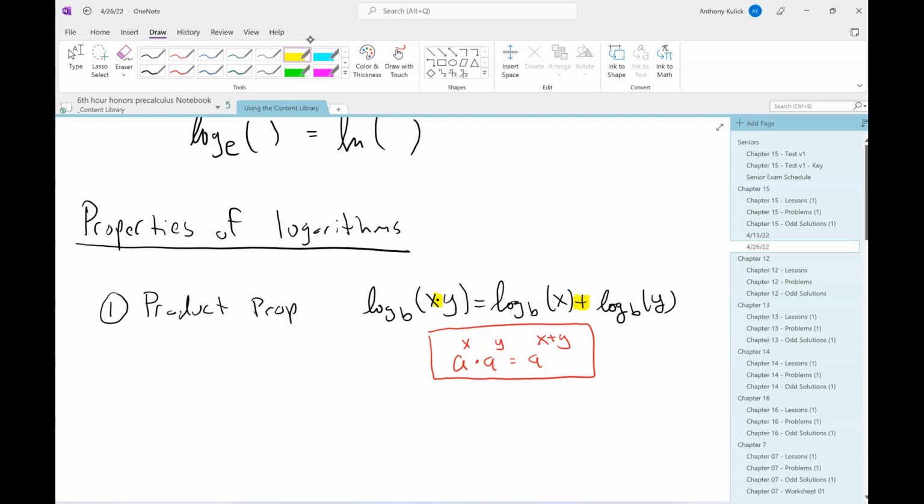So what we're seeing here would be multiplication outside the exponent turns into addition inside the exponent. And since exponential and logarithm equations are related, as we discussed earlier, it's not surprising that this property of exponents translates into a similar property for logarithms. Is that cool?